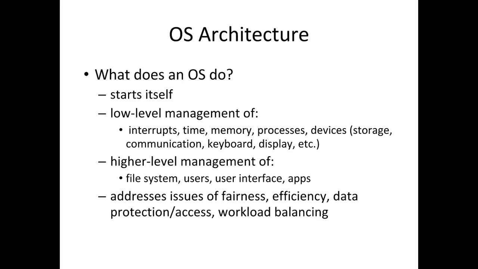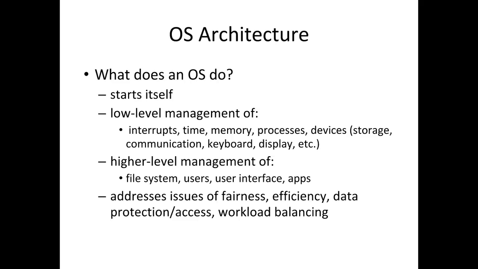So, as I said, we're going to be looking at an operating system, and particularly we're going to be looking at Windows. And I'm just going to give a brief background to what an operating system does. An operating system is going to manage all of the interrupts that might occur through any of the peripheral devices that you have connected to your computer system.